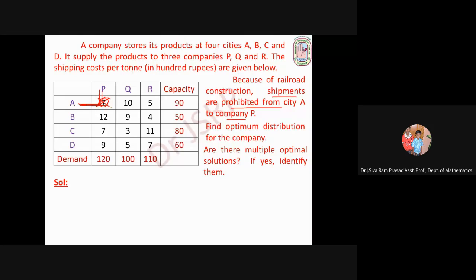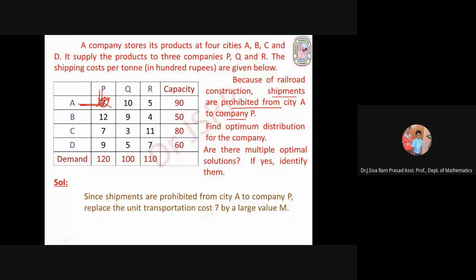So we denote it by some capital M. Okay. So since shipments are prohibited from city A to company P, replace the unit transportation cost 7 by a large value capital M. This capital M is very large compared with all other transportation costs. Approximately this M tends to infinity.